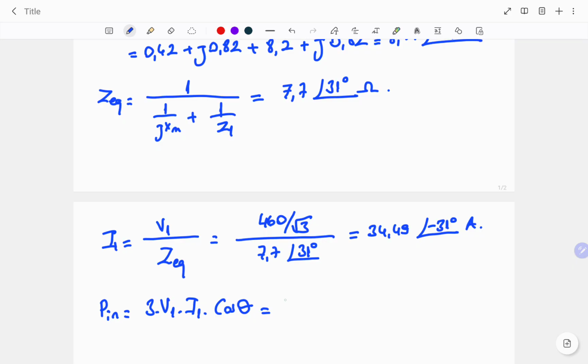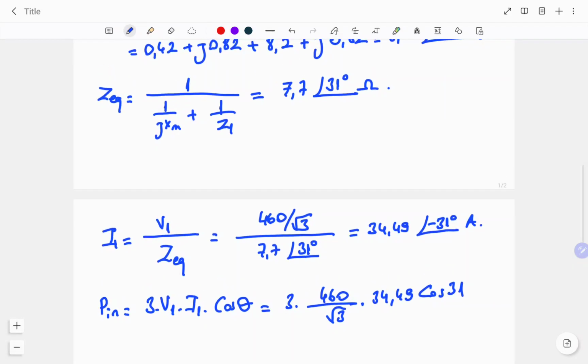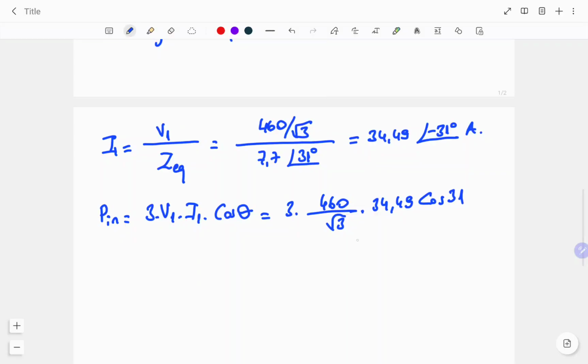According to our system parameters, V1 is 460 over square root 3, the I1 according to our calculation is 34.49, and the cosine theta will be cosine 31, the angle of current according to reference voltage. So 23.6 kilowatts will be the input power for this machine.